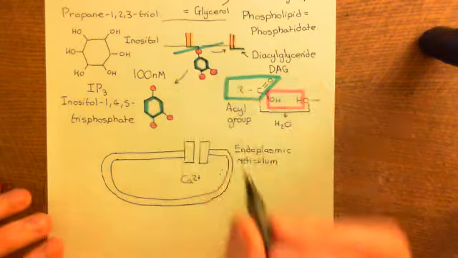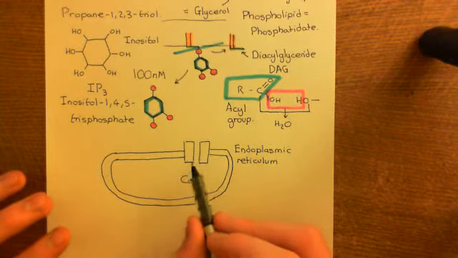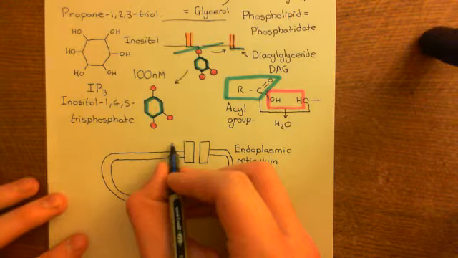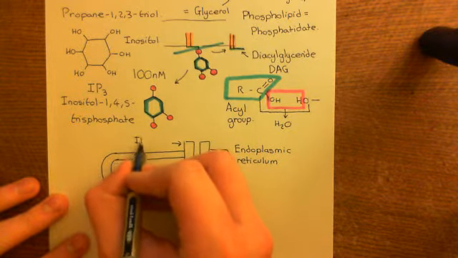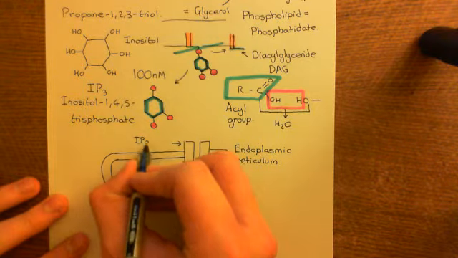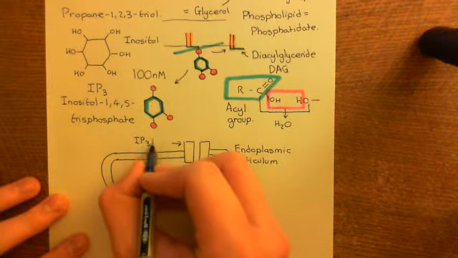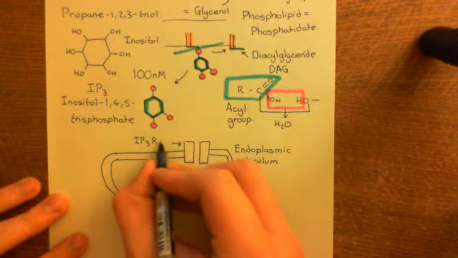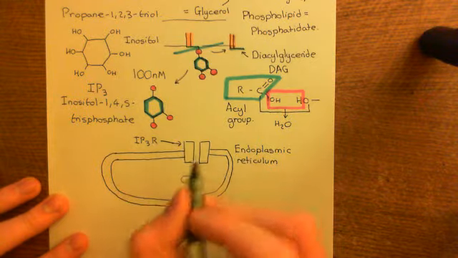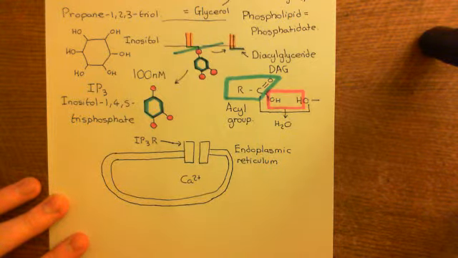If you activate these IP3 receptors, as they are called here, by binding IP3 to them, what this will lead to is the opening of these IP3 receptors. Now, the IP3 itself does not actually open them, but it gets them ready to open. If you're interested in the details, I have an entire playlist on calcium signaling in which we go into this in huge detail.